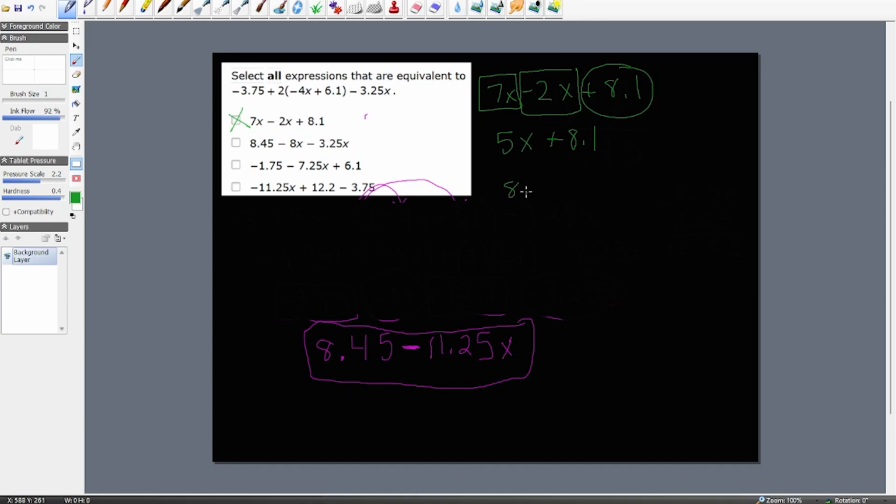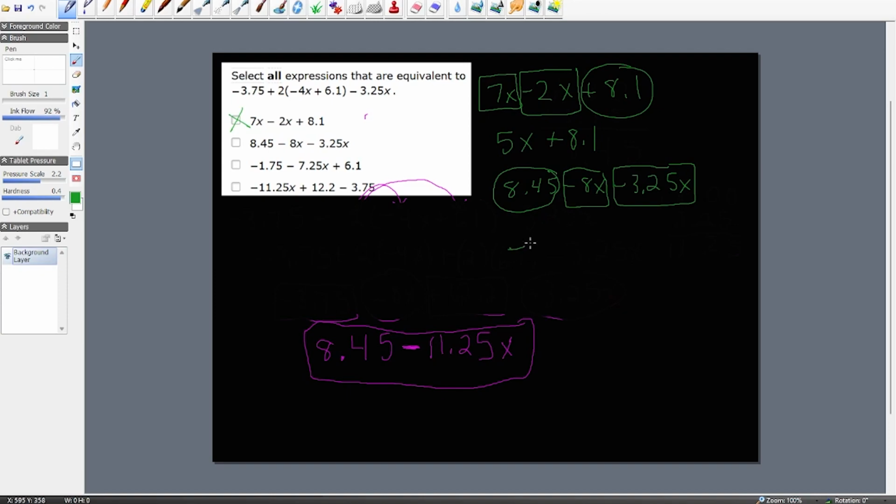Let's move to the next one. We got 8.45 minus 8x minus 3.25x. I'm going to put a circle around my constant, boxes around my x's, and we have a negative 8x and a negative 3.25x. Those are both going in the same direction. They're both negative, so you add them up, and of course the sign will be negative.